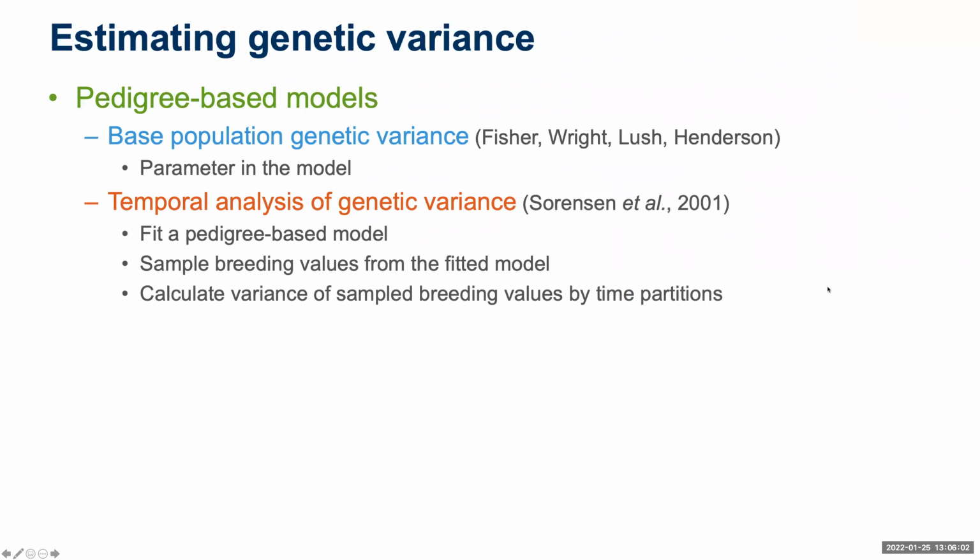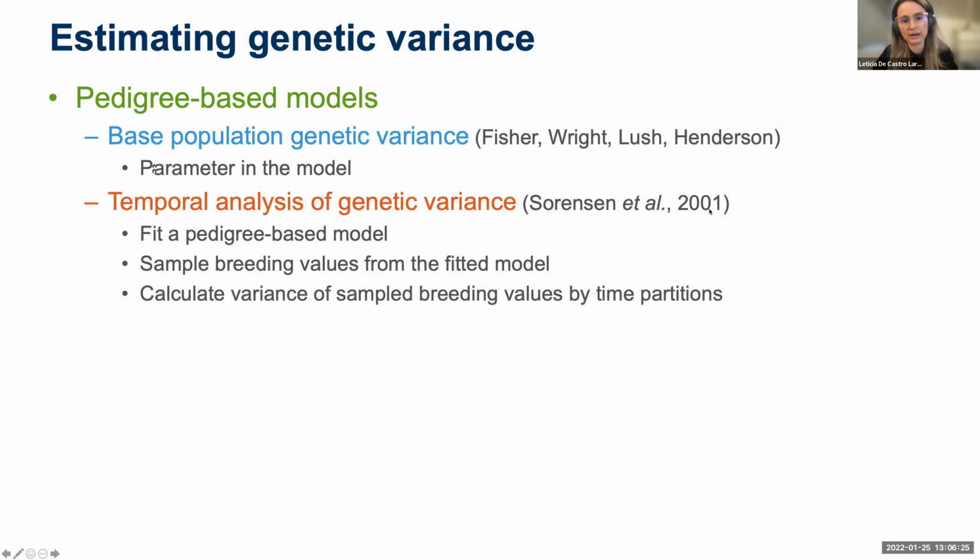Well, in reality, we never know the true breeding values, so we need to estimate them from the data. Traditionally, we use pedigree-based models, where we can estimate base population genetic variance by fitting a model to the data. This variance is actually a parameter in the model.